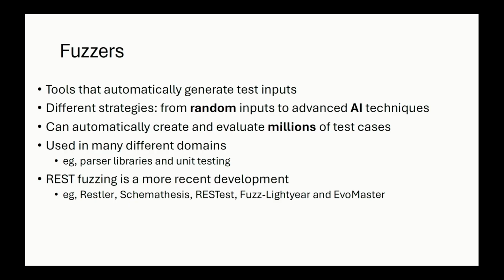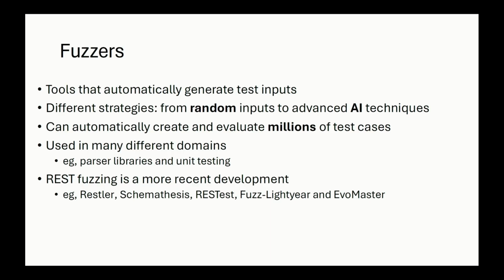So, fuzzers. Fuzzers are tools, as also discussed in the previous presentation, that generate test cases automatically. They can use a lot of different kinds of strategies. The simplest is doing things at random, like random testing.